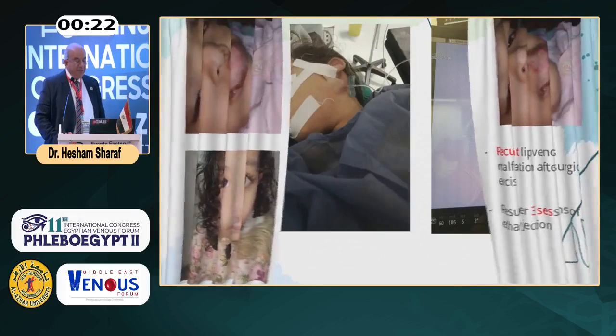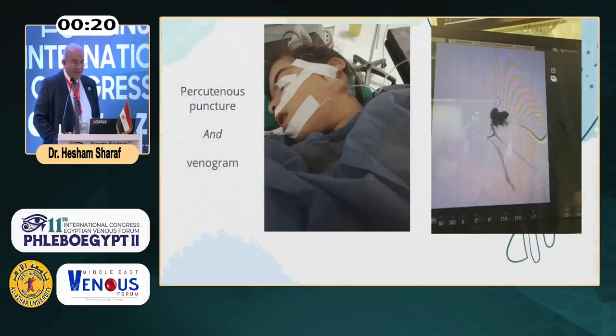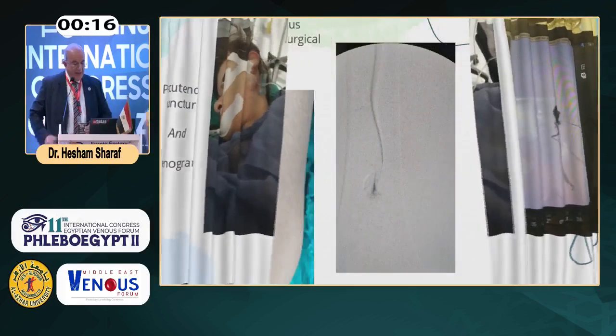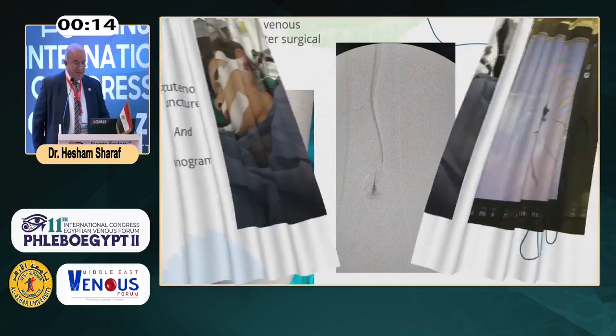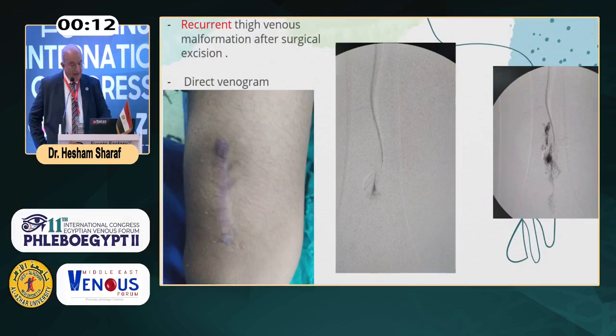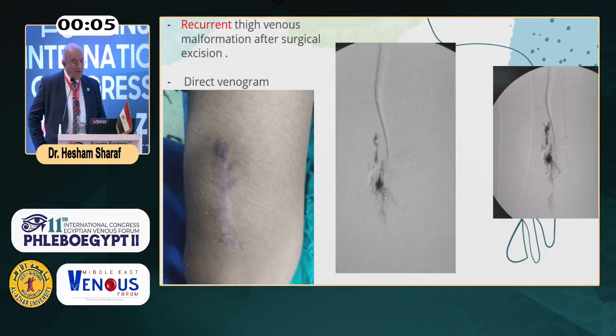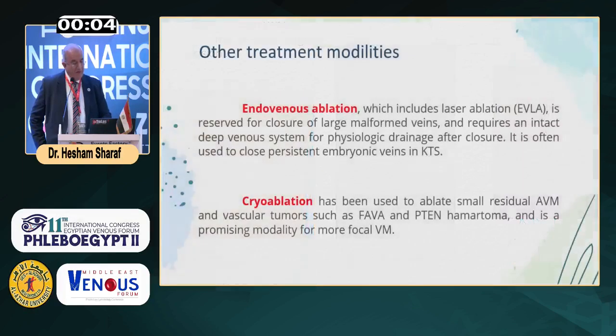Also, another patient with injection of ethanol under general anesthesia, we demonstrate the size of the injected material by injecting the fluorescent agent, then injecting the ethanol through the lesion. You can see the injection of the dye, then injecting ethanol through this lesion, and this is the direct venography.